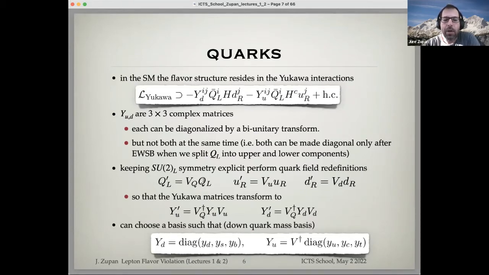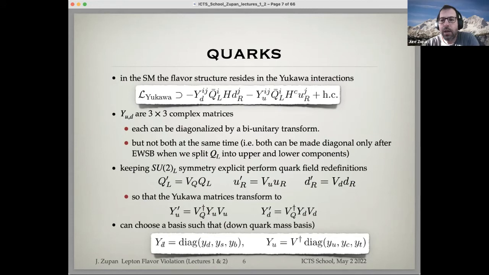So all you can do, unless you break the symmetry, is transform the Q left, transform the U right, and transform the D right. That's the corresponding transformation of the Yukawa matrices. And we can choose a basis, for instance, where the down Yukawas are diagonal.